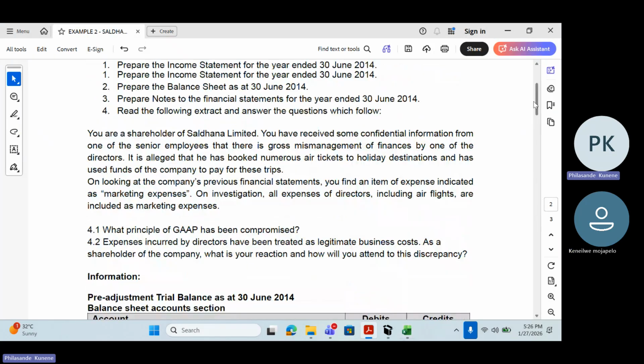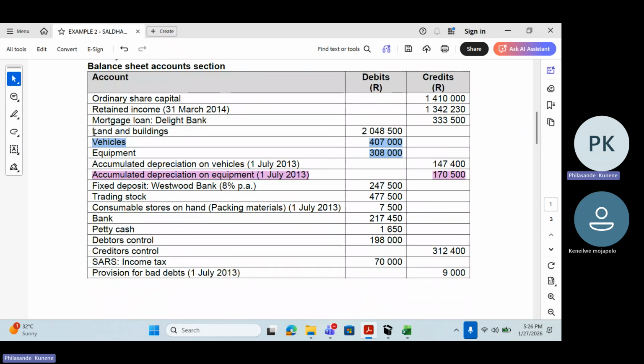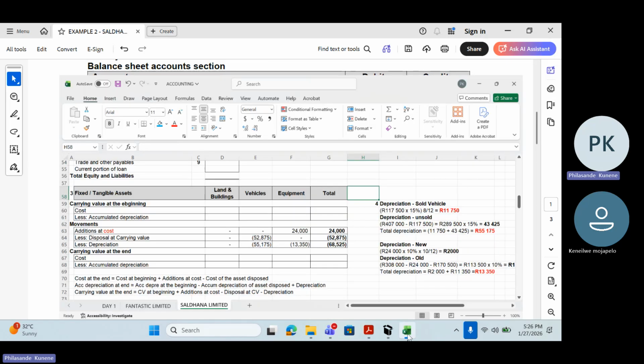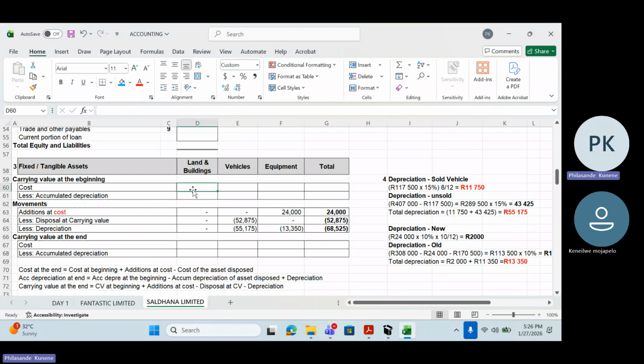I'll go to the trial balance and say the first ones we have land and buildings. We can just deal with land and buildings and finish, né? Because there's nothing else for land and buildings. So I have 2,048,500, which is going to be my cost price, and then minus 0 is my accumulated depreciation, yeah? Which is going to be this minus this on my cost.